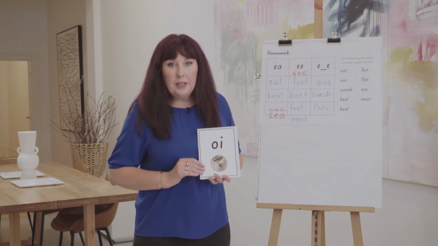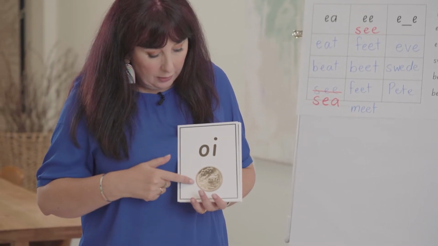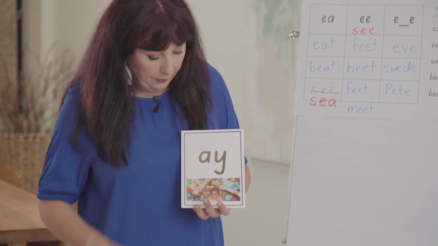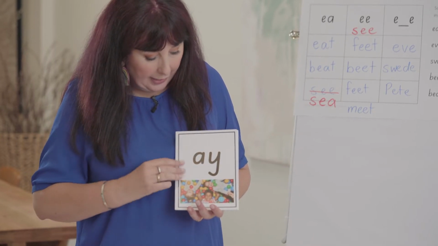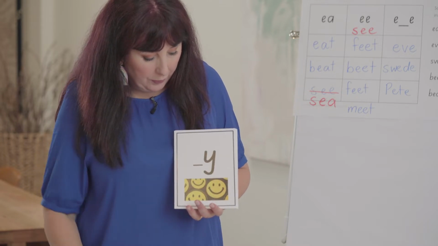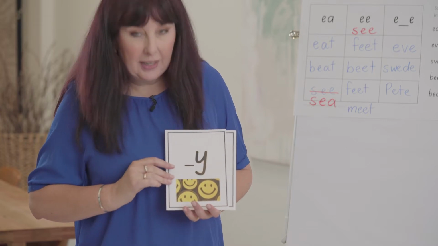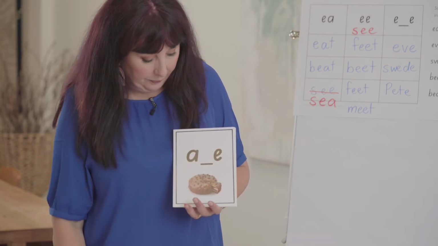Let's have a look at some digraphs to refresh. O-I, coin, oi. A-Y, play, A. Double O, book, U. Y, happy, E. End of a two-syllable word.